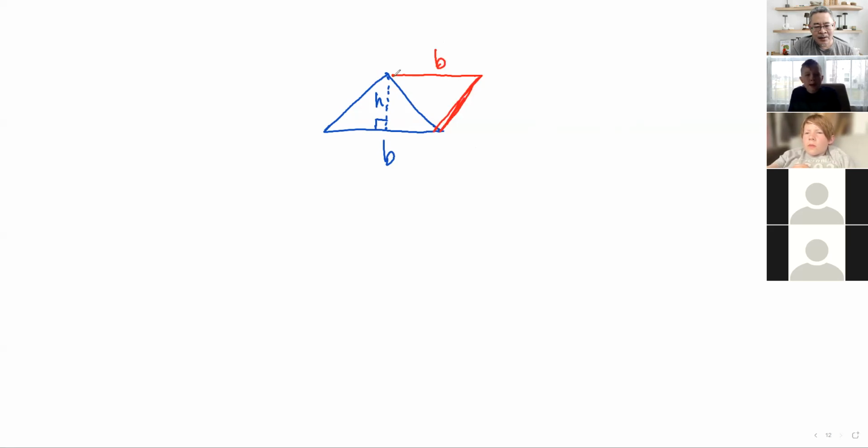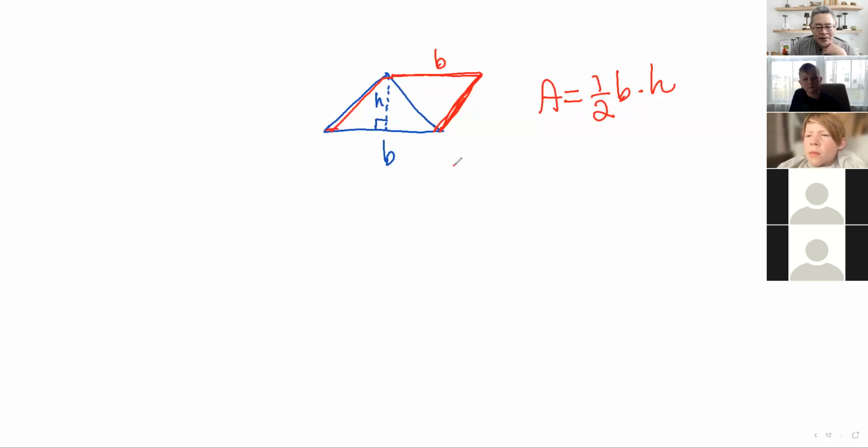This is our B. So what we have here is a parallelogram. On the parallelogram, the area is base times height, but our triangle is half of that. So we have half base times height. And that's where the half comes from in the formula. So that is half base times height.